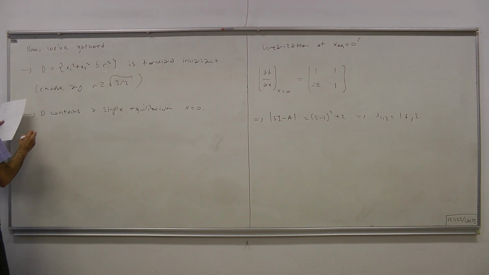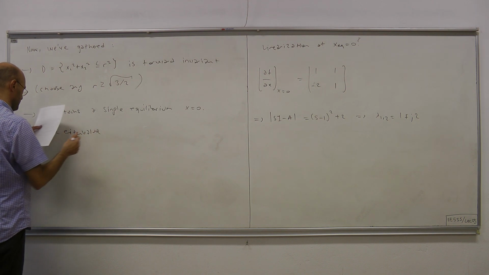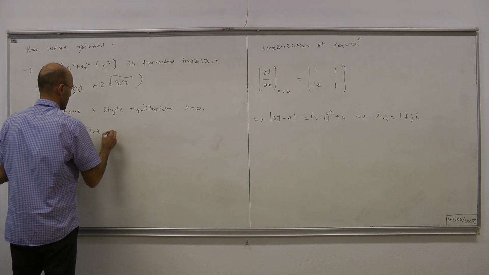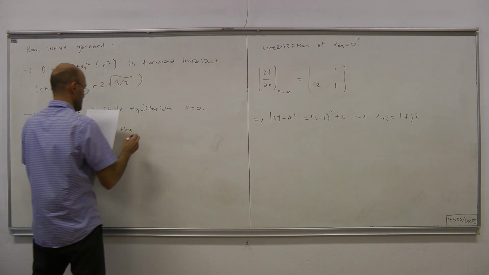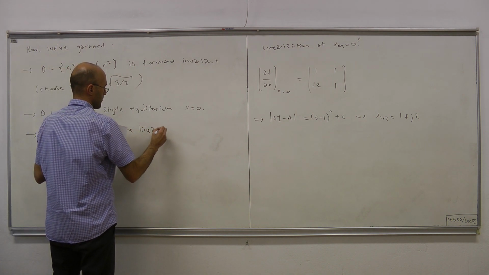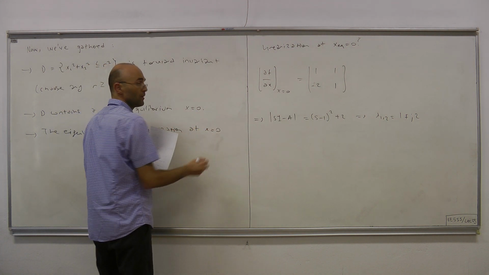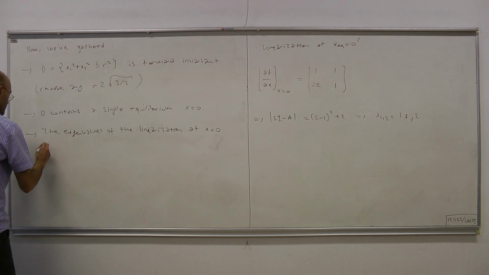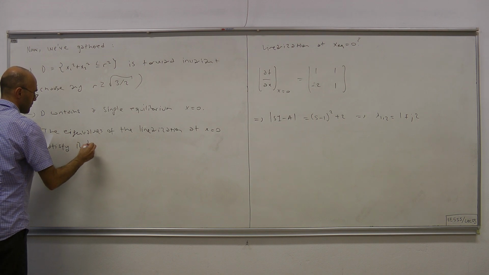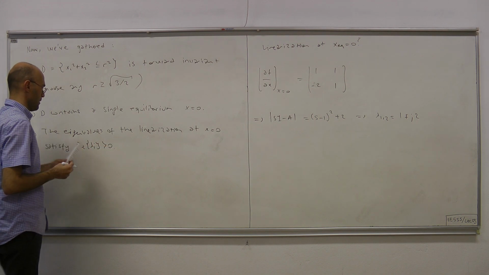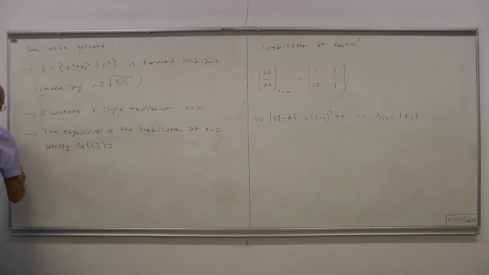And finally, the eigenvalue test at that equilibrium point gave us the following information: the eigenvalues of the linearization at x equals 0 satisfy this, that both real parts are strictly positive.